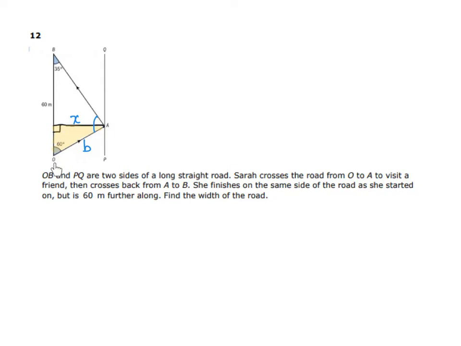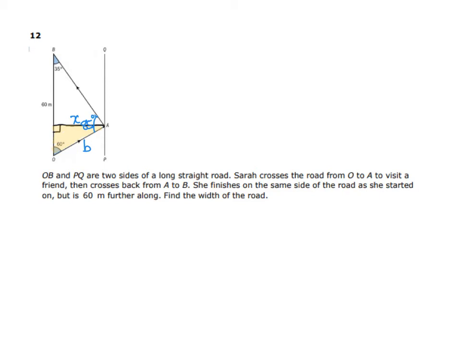So in the big triangle, I can take 180 minus 60 minus 35 to get 85 degrees. So this angle is an 85-degree angle. Oh, that's hard to read. Let me write that so you can read it a little better. 85 degrees.